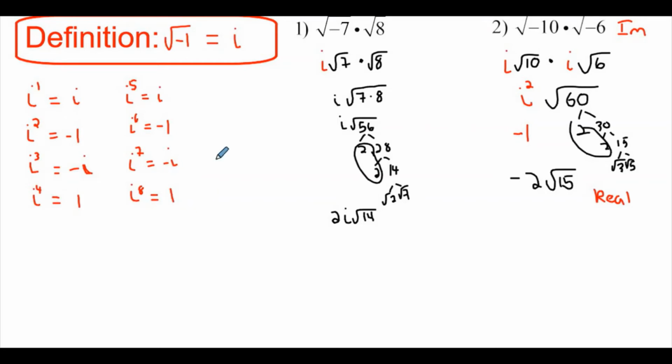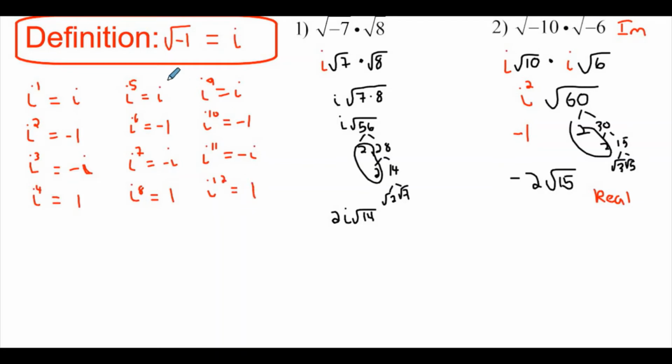And that just keeps going. So if I went to i to the ninth, you can go through the math if you want, but big surprise, that would be i. And i to the 10th, big surprise, that would be -1. i to the 11th would be -i. And i to the 12th would be 1.